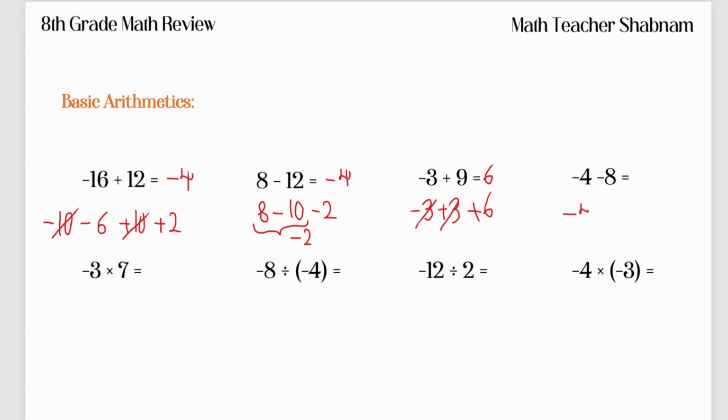One more time. -4, -4, and -4. This one's pretty easy. We have 3 times -4. That is -12.